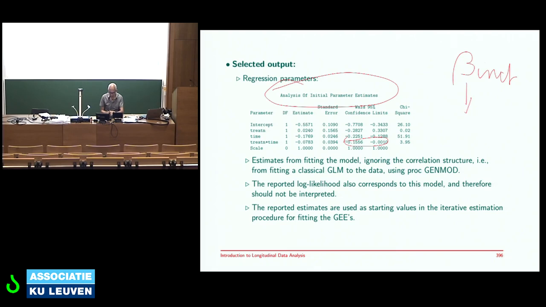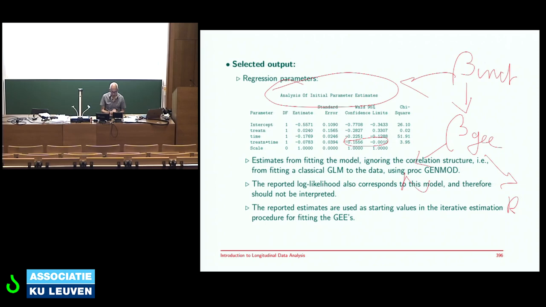From there, we derive beta GEE, which are the final estimates. And then from there we calculate the naive or the robust standard errors. This is only initial, so it's the result based on logistic regression, which is valid only if you assume that the measurements are independent of each other, which is not the case.